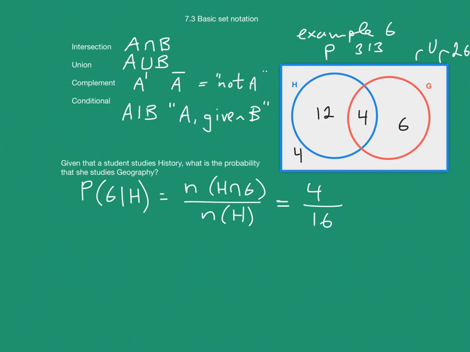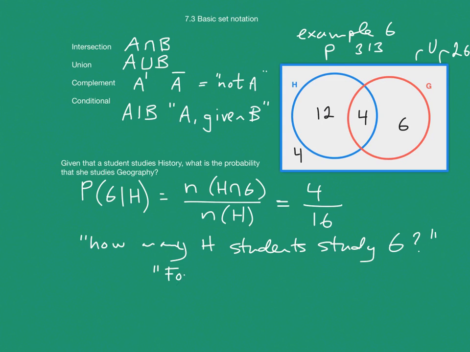Another simple way to phrase this is to ask, okay, how many history students study geography? How many history students study geography? And we would answer 4 out of 16.